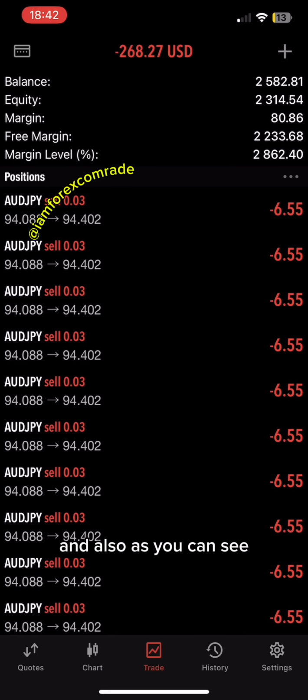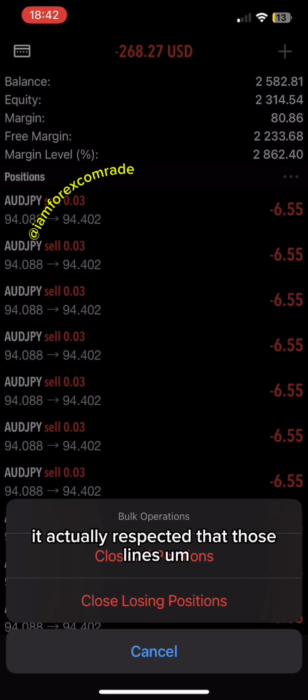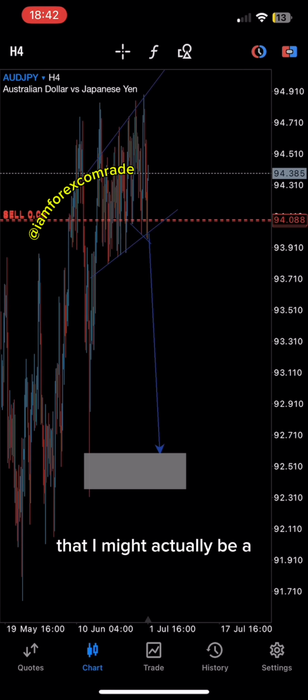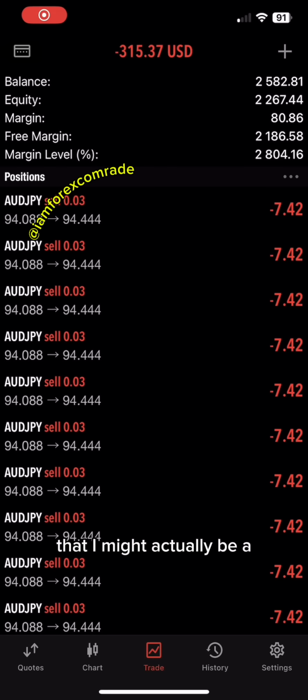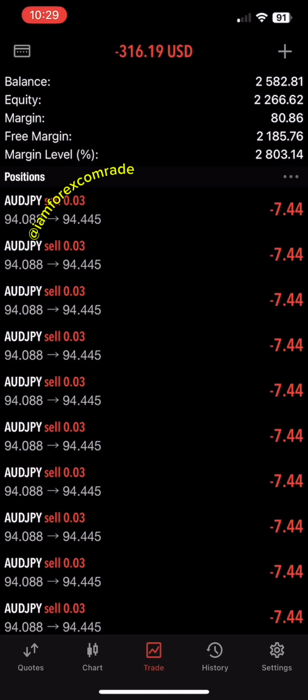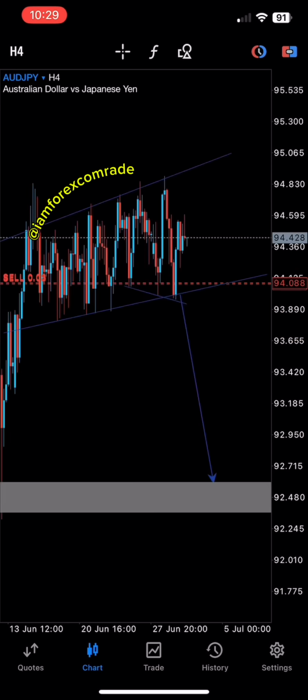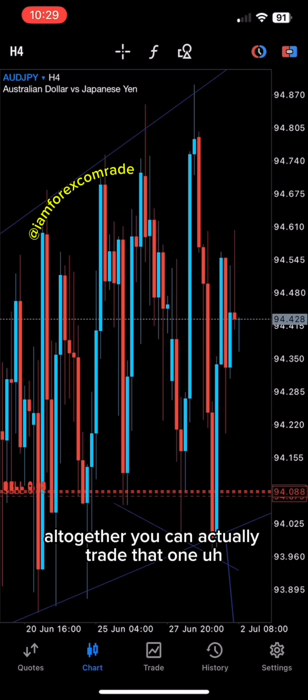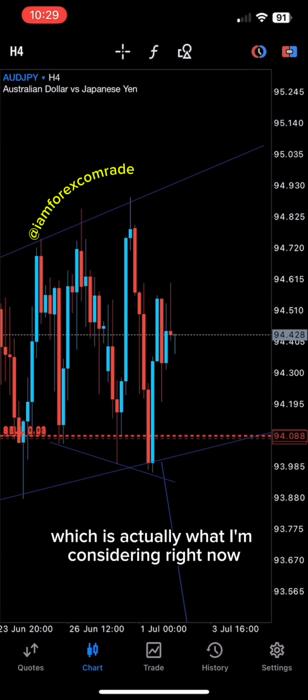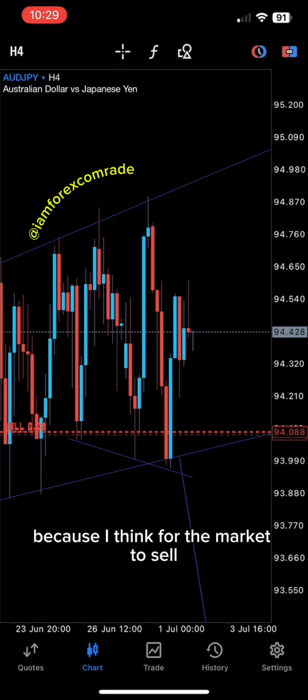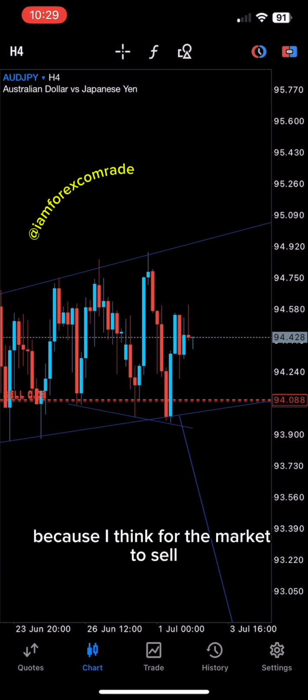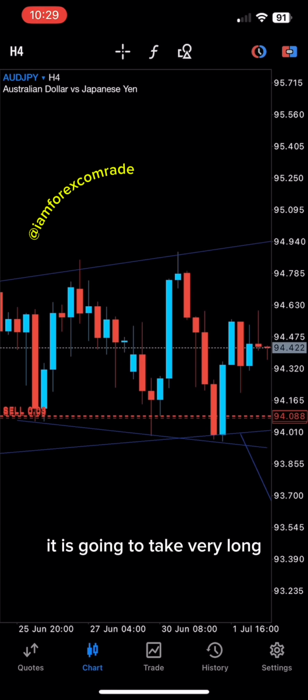And also, as you can see, it actually respected those lines. Altogether, you can actually trade that one, which is what I'm considering right now, because I think for the market to sell, it is going to take very long.